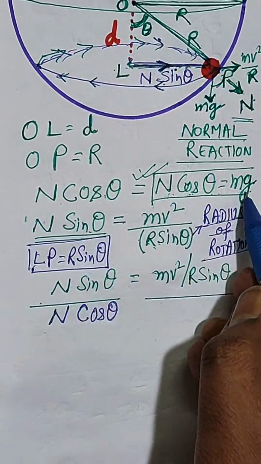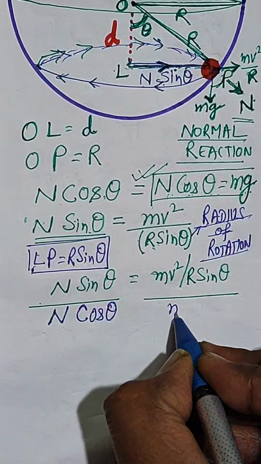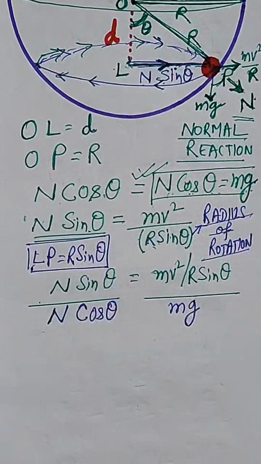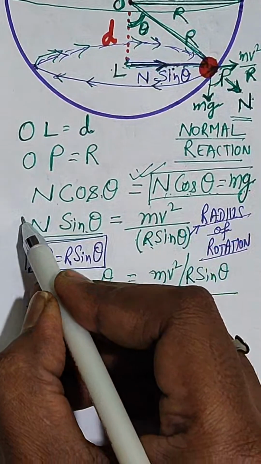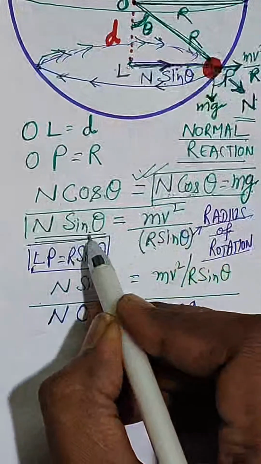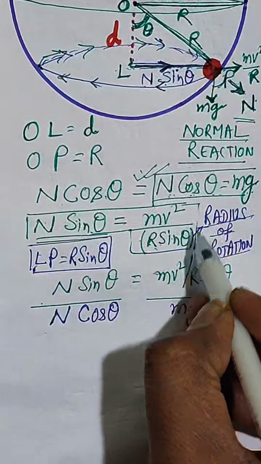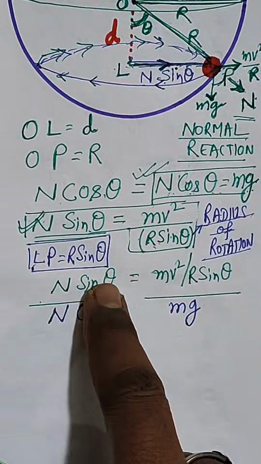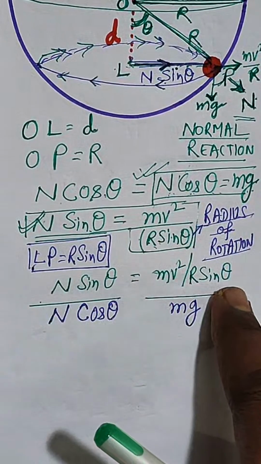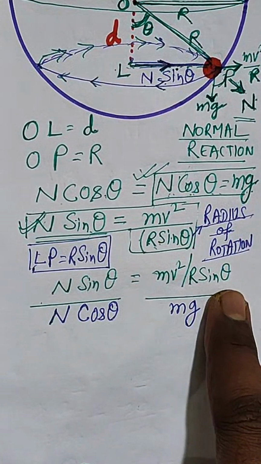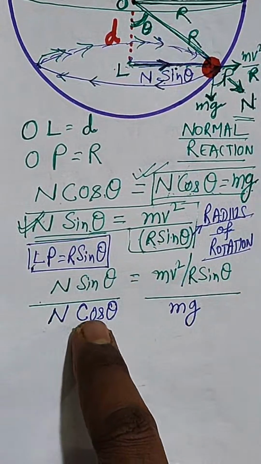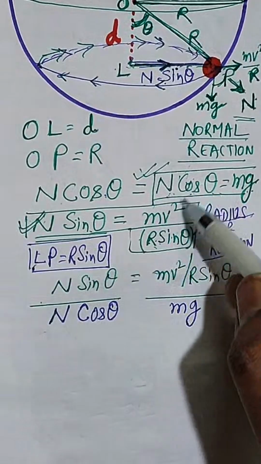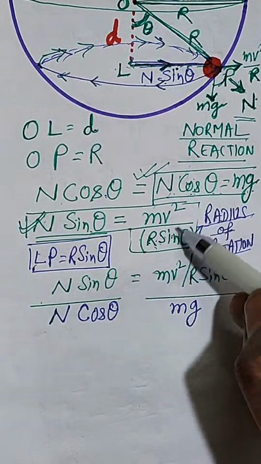Just divide the above equation with this. Then we get N sin theta equal to mv square by r sin theta, divided by N cos theta equal to mg, right? That means we have divided both of these equations.